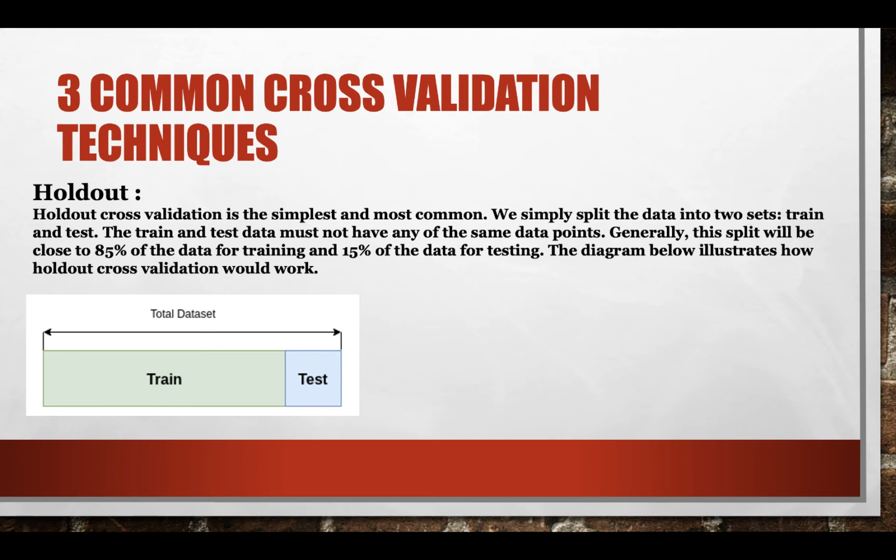Very simply, split the data set into two sets, train and test set. The train and test data must not have any of the same data points. Generally, this split will be close to 85% of the data for the training and 15% of the data for testing. The diagram below illustrates how holdout cross-validation would work.